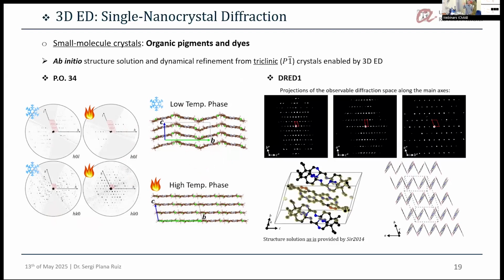When I'm talking about ab initio, I'm saying that by introducing to the program the symmetry, the space group, the unit cell parameters, and the composition of the molecule that you know is there, we could retrieve all the atoms that belong to that molecule. Okay, so what you are seeing here is the structure model that you can get exactly as it is output by direct methods in SIR2014. So that's why, for example, here we have a blue and black atom that should be all carbon, okay?